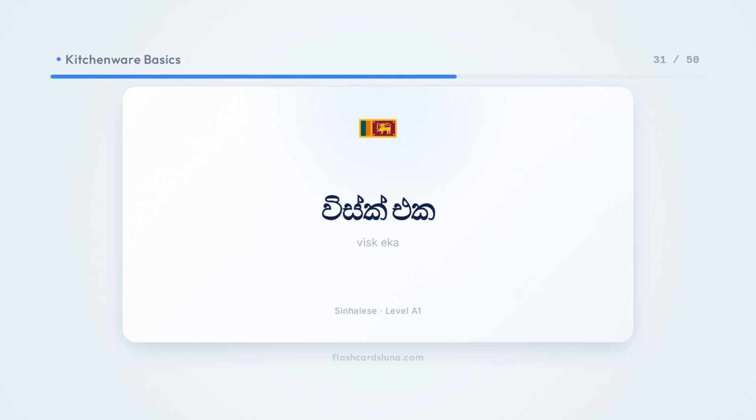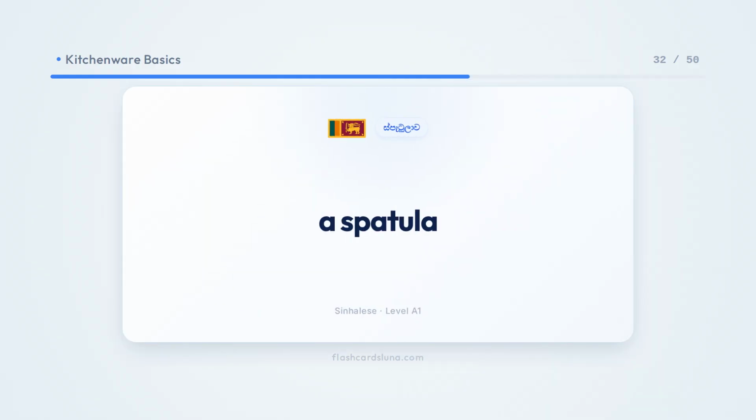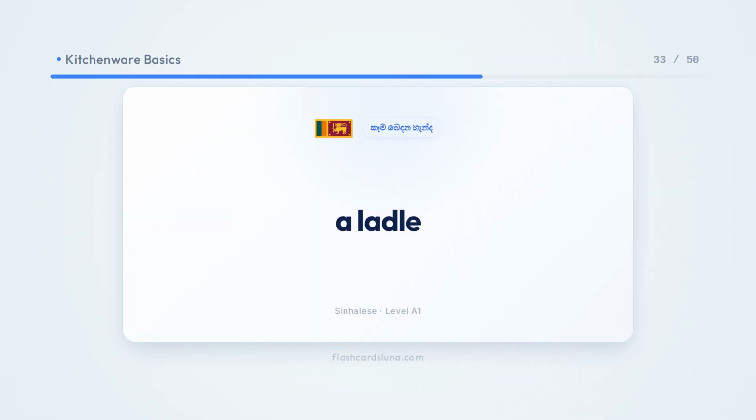Visak Eka, a whisk. Supetaluo, a spatula. Cam Badun Hinder, a ladle.